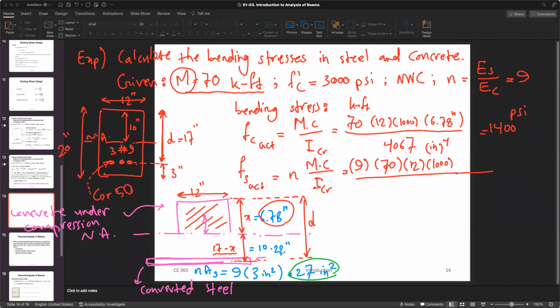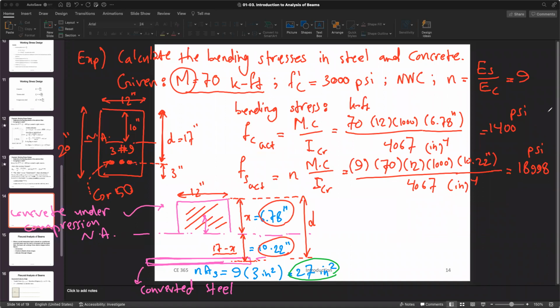Now, the distance between the reinforcement and neutral axis would be 10.22, over 4,067 inch^4. All right, it would be equal to 18,998 psi.